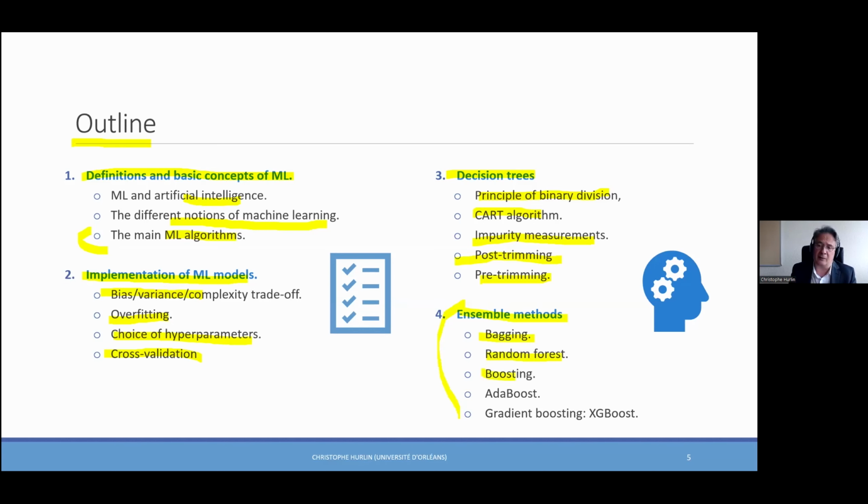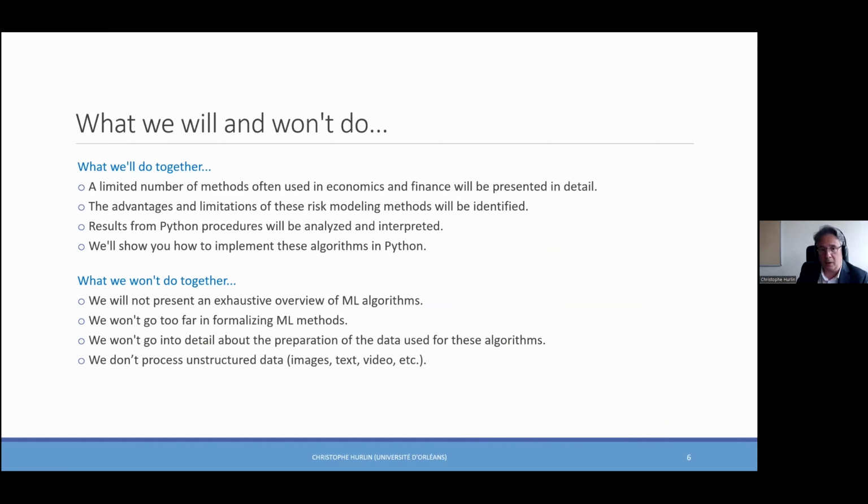And if I have time, boosting with the AdaBoost algorithm or the XGBoost algorithm. I'm not sure to have the time to present you the boosting techniques. It will depend on the speed at which we will discuss together the bagging and random forest.